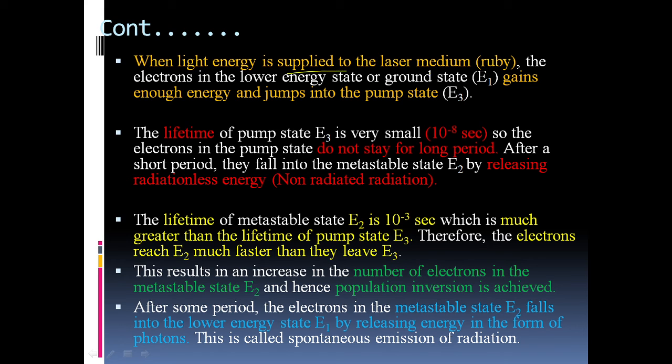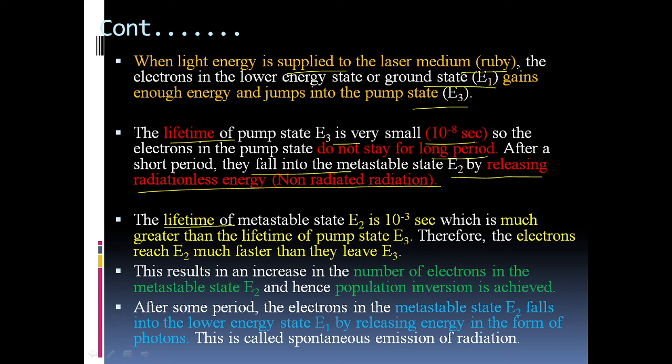When light is supplied to the ruby laser, electrons jump from E1 to E3. The lifetime of E3 is small, so the electron cannot stay longer in this level. After a short time, it falls into the E2 level, releasing radiation of less energy.